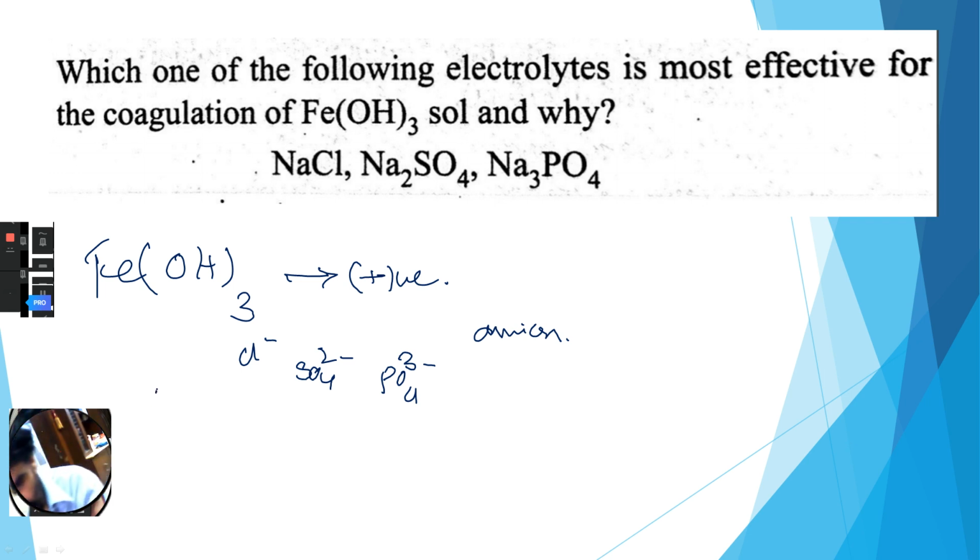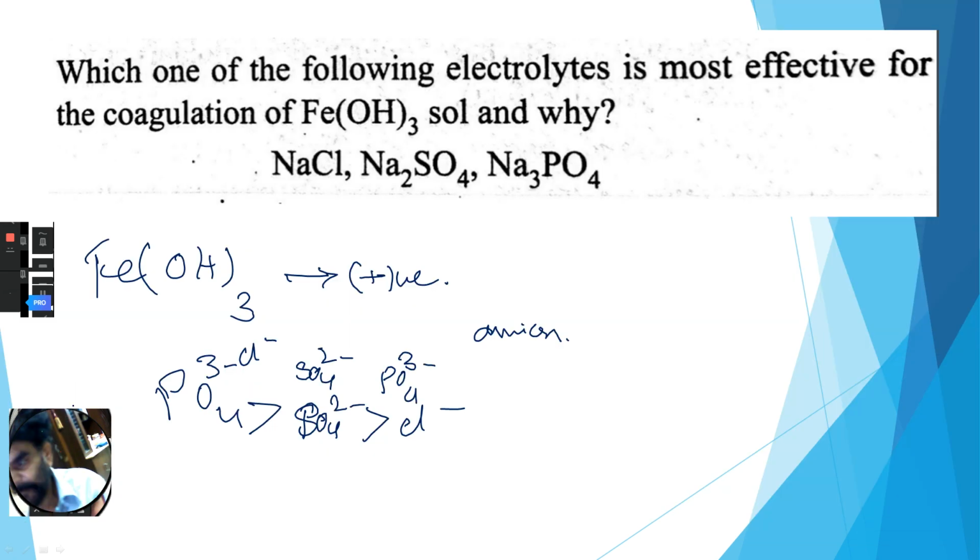The coagulating power of phosphate ion is more than that of sulfate ion, which is more than that of chloride ion. So sodium phosphate is the most effective coagulating agent.